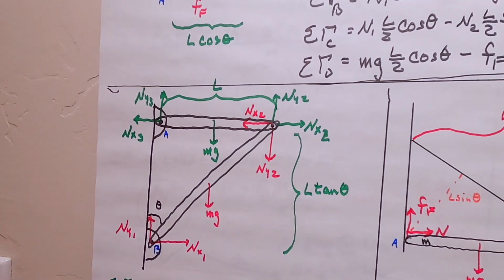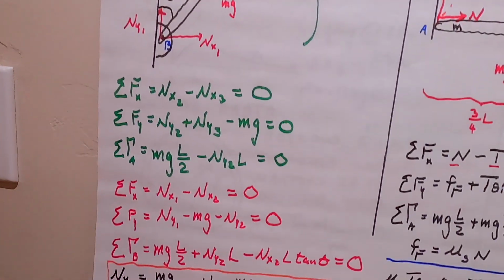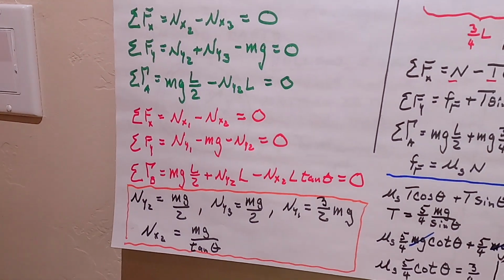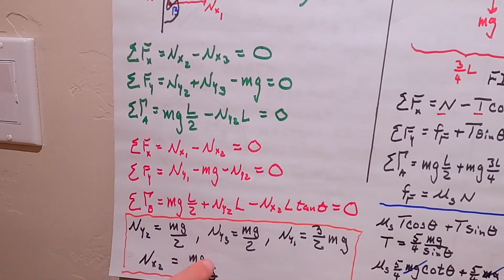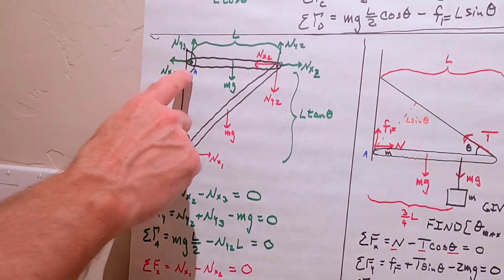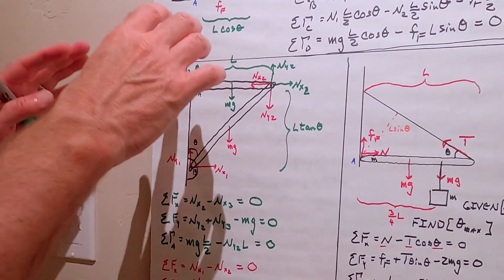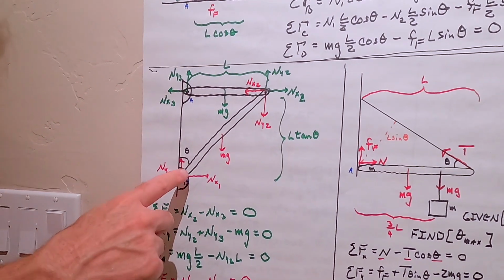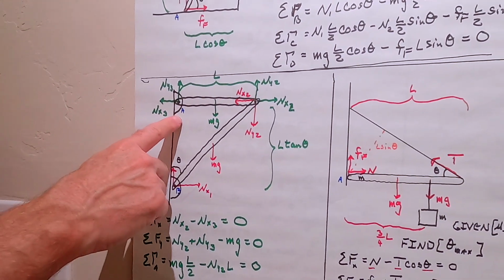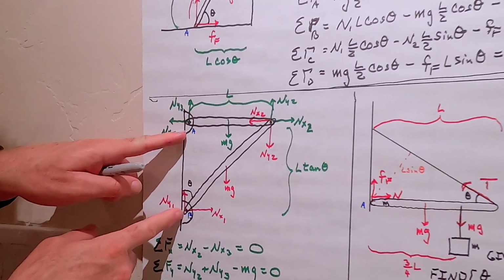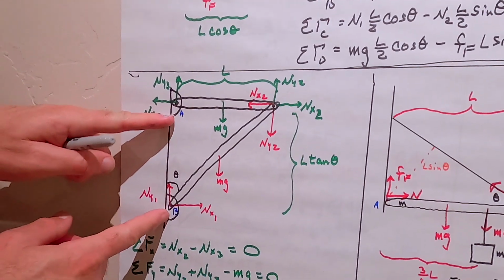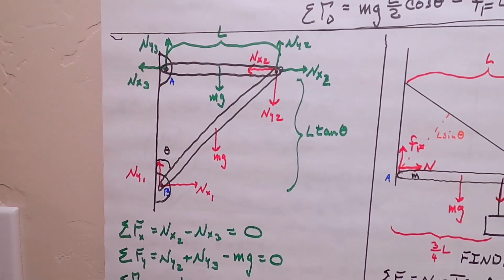So if you're going to put a lot of weight on here, you don't want this thing way up here. You don't want this length small. You want this length big right here.